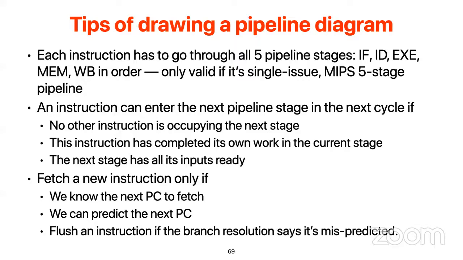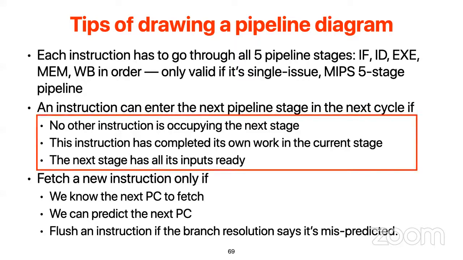If you look at the tips for drawing pipeline diagrams we showed previously in class, if you want an instruction to be executed, in theory these are the three things you need to know. No other instruction is using my functional unit. The instruction has completed its own work in the previous stage. And it has all its inputs ready.